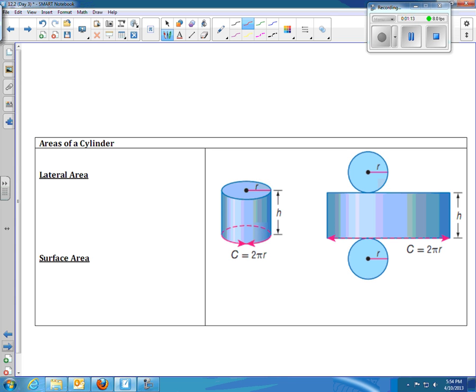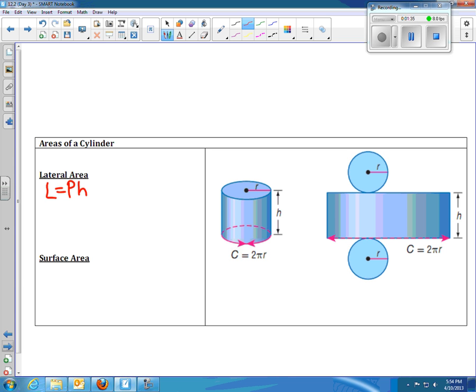All right, so we're going to talk about lateral area and surface area here. Lateral area is just around the cylinder, and so lateral area is going to be the same thing we were looking at before, perimeter times the height. But if we're thinking about this problem here, our perimeter is going to go around the circle.